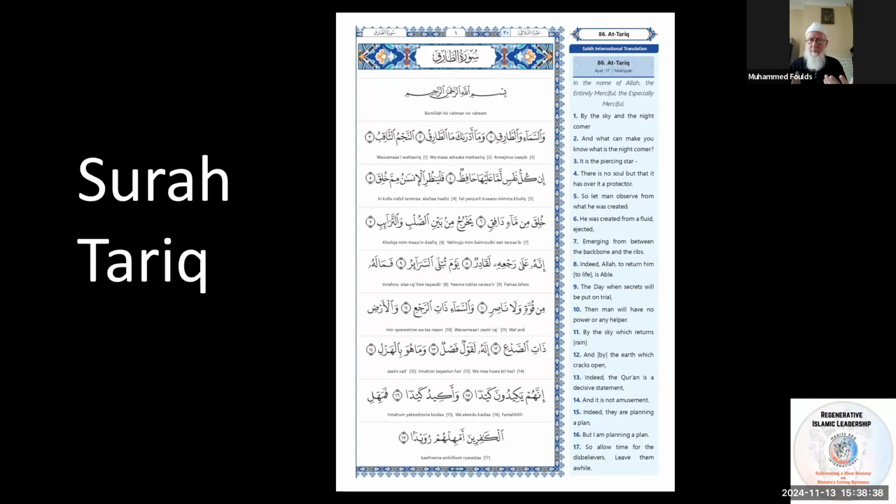Because this surah is about those in a state of ghafla, those that are denying Allah subhanahu wa ta'ala. What this surah is telling us, okay, is that man can get a very high status in this world.